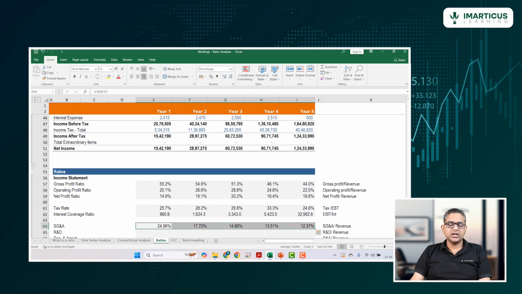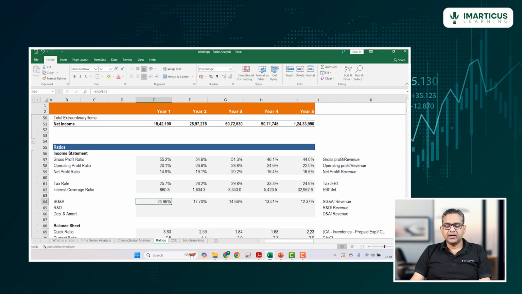This is the percentage of revenue eaten up in the form of SG&A, right? So declining trend means the company is relatively spending less on SG&A over a period of years. They are not increasing SG&A in proportion with revenue. Okay.